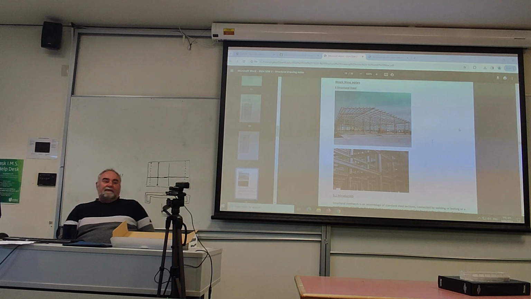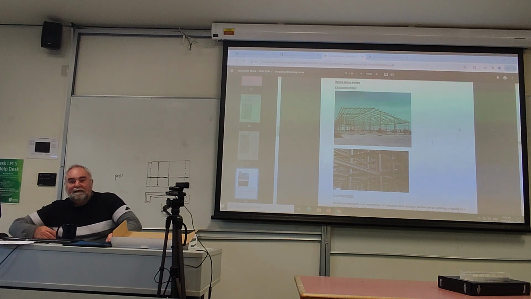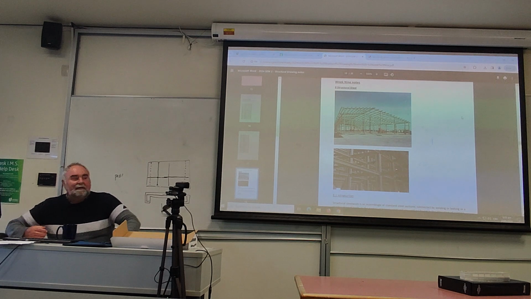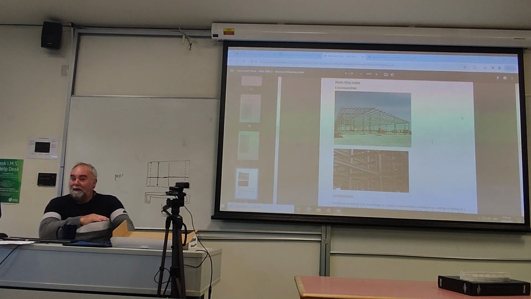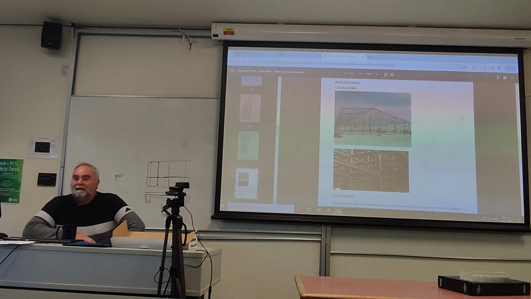If you go to the airport to pick up your cousin and then take them back two weeks later, you'll notice you go, where did that building come from? What was a concrete slab is now almost a warehouse completed, because it's been made out of steel. When you make things out of steel, you don't have to wait for the sun to dry it like you do the timber.